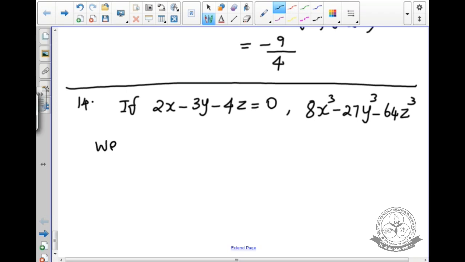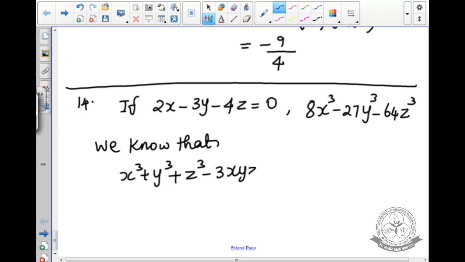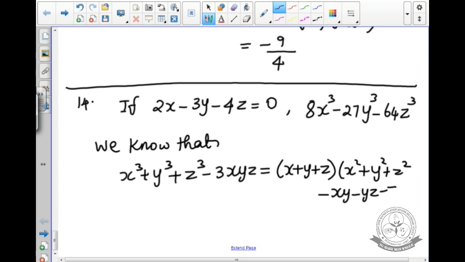We know the formula: x cube plus y cube plus z cube minus 3xyz is equal to x plus y plus z into x square plus y square plus z square minus xy minus yz minus zx.